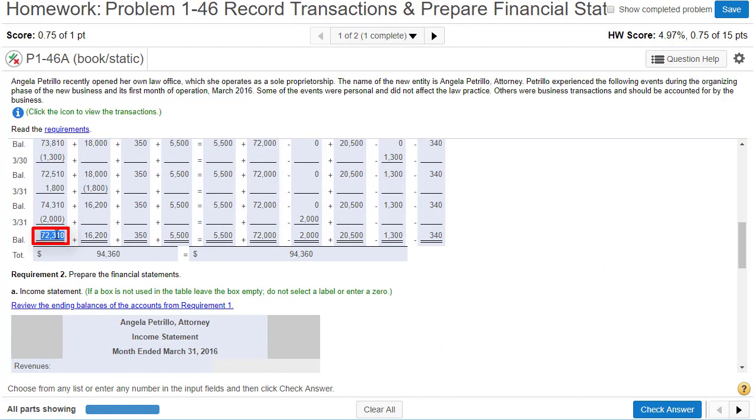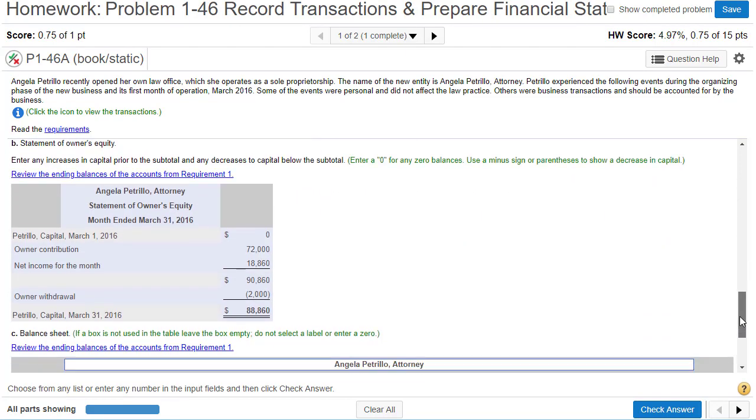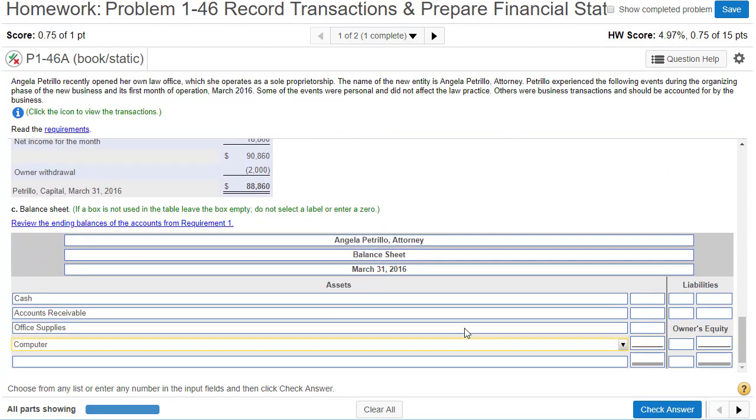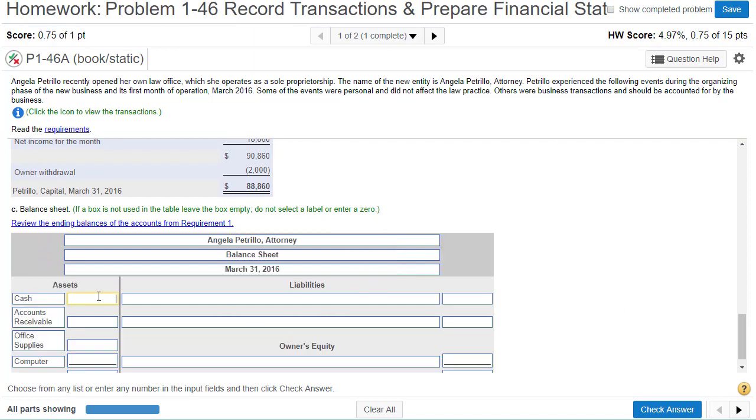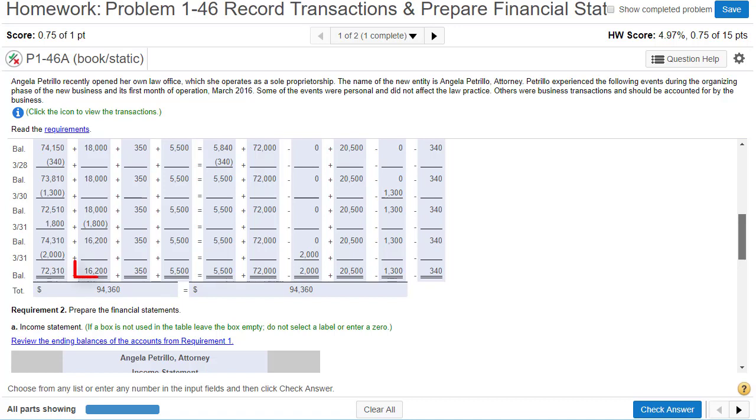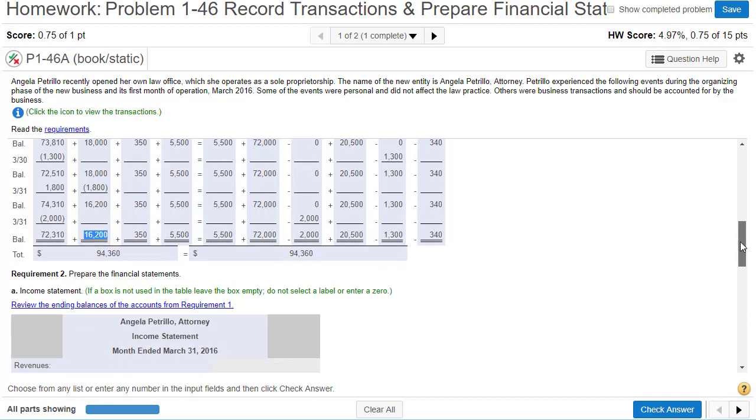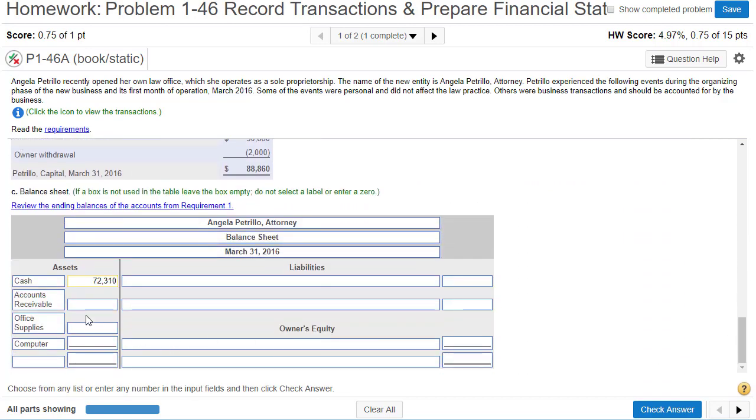So we have $72,310 of cash. We have $16,200 of AR, and then office supplies is $350. And then I remember that computer was massively expensive, $5,500.